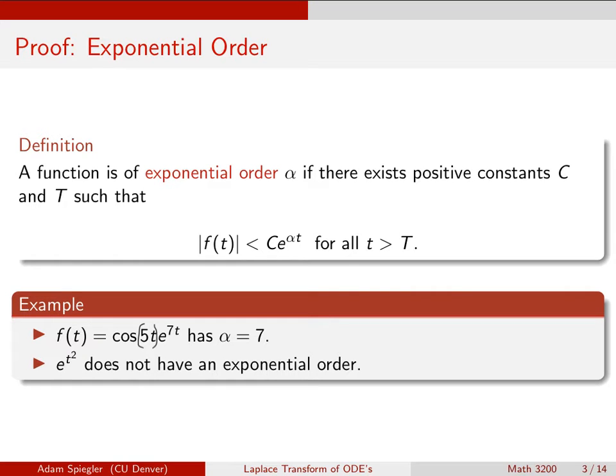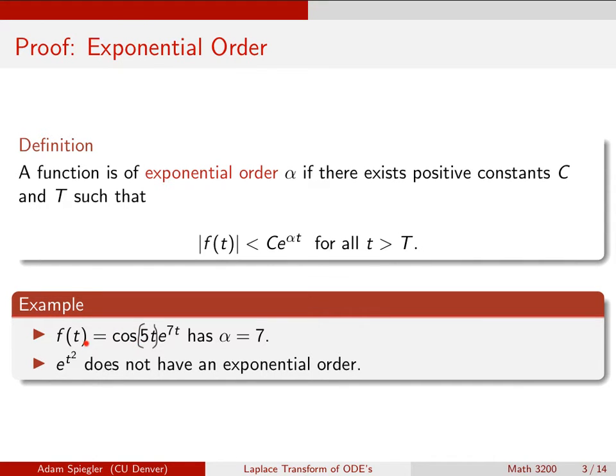So if we are, for example, considering the function cosine 5t times e to the 7t, we would say this function has exponential order equal to 7, because for large values of t, this cosine function is bounded between plus or minus 1.